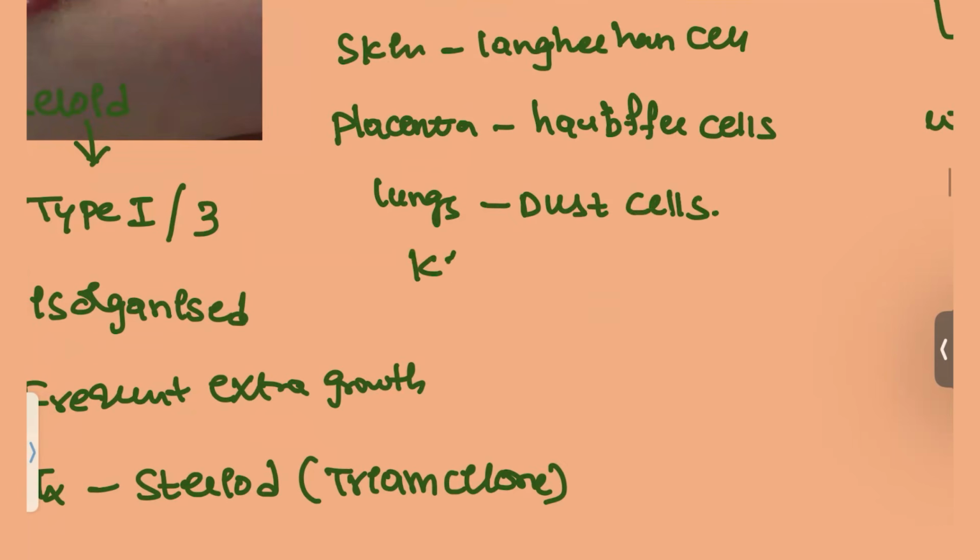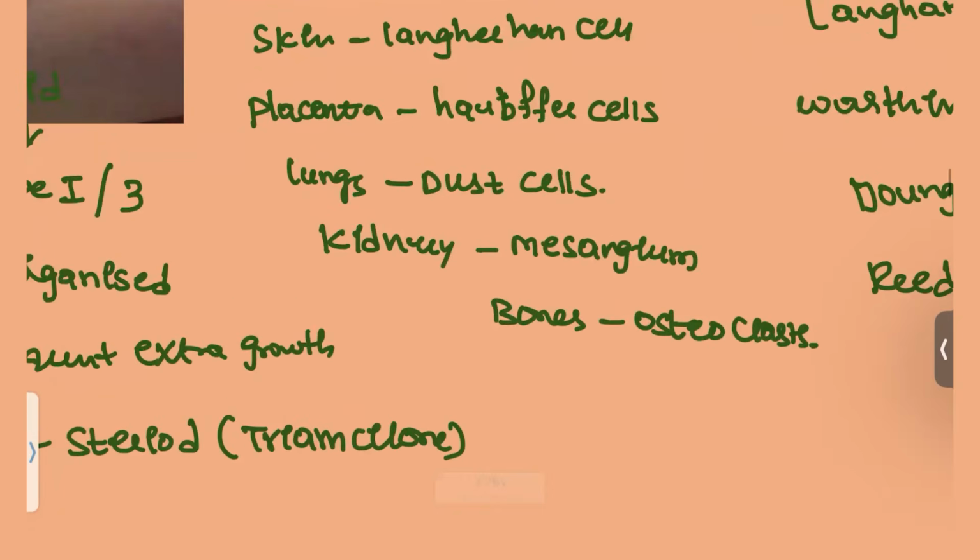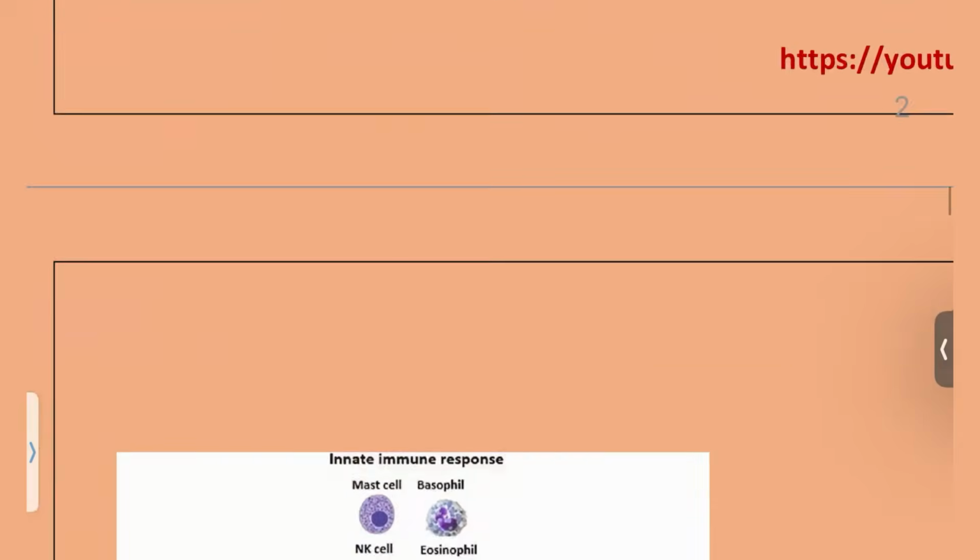Kidney is going to have the mesangium, and bones are going to have the osteoclast. These are the types of macrophage forms that are present in different organ systems.